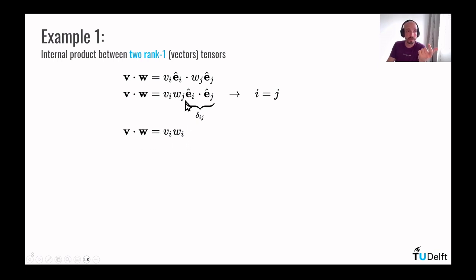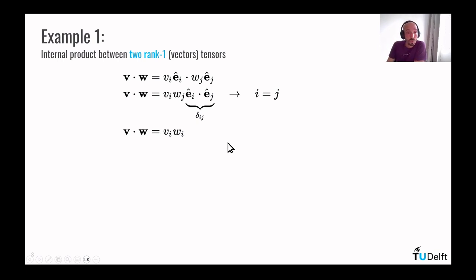Because this term is 1, I don't have to write 1 here. So the dot product between vectors v and w can be written using Einstein notation by v sub i, w sub i, which implies a summation of i from 1 to 3. Okay?